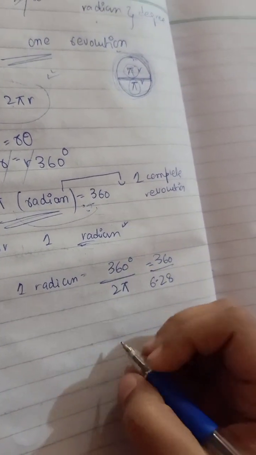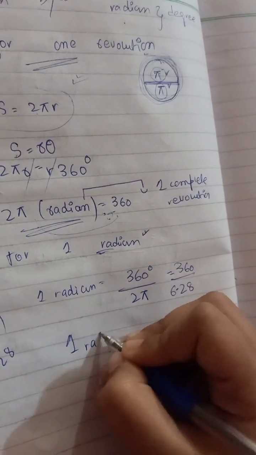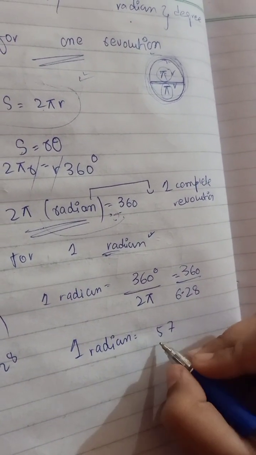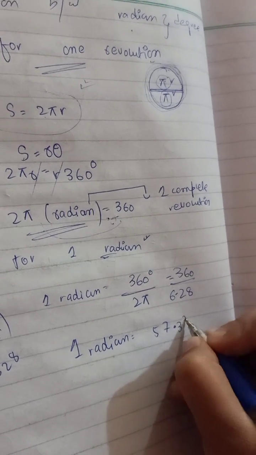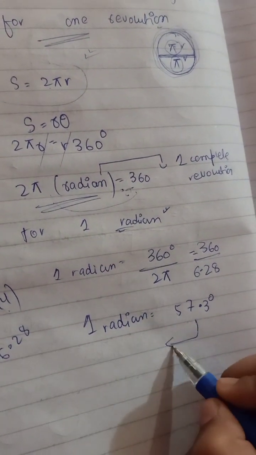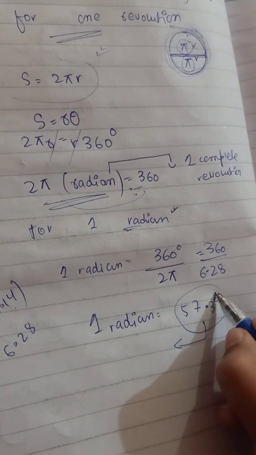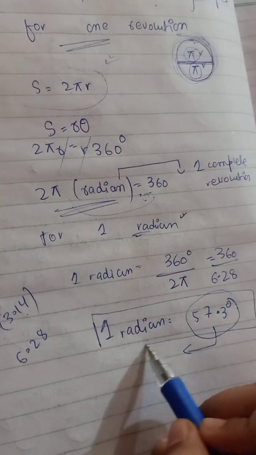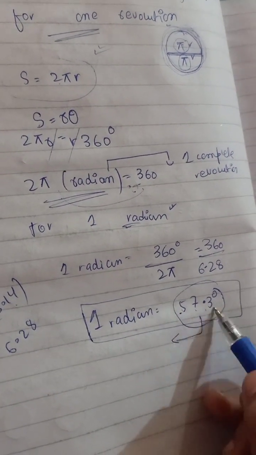After dividing, you will get that 1 radian is equal to 57.3 degrees. When a body moves through this angle, it has covered 1 radian.